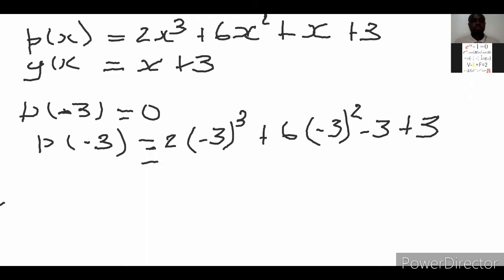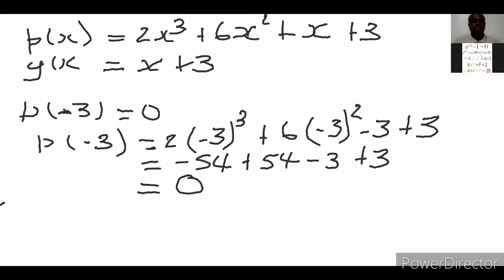And that would be equal to negative 54 plus 54 minus 3 plus 3, which will give us 0. So it is indeed a factor of 2x cubed plus 6x squared plus x plus 3, that is, p of negative 3 equals 0.